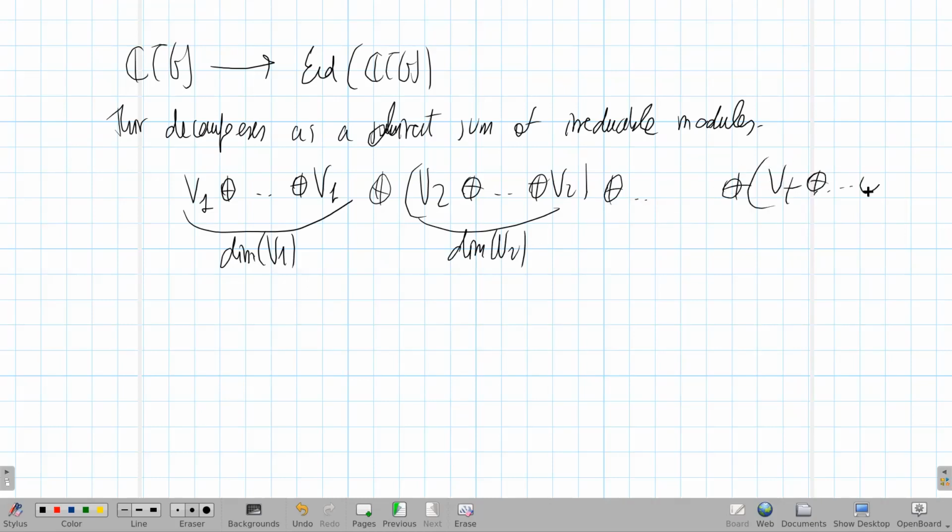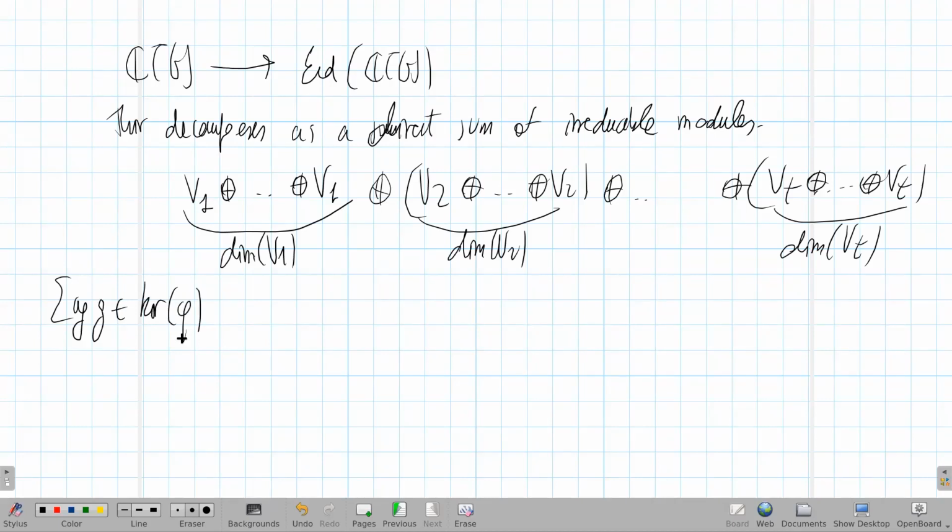These are the same modules that we had in the very first board. So the right regular representation as a representation or as a module decomposes. In this case, we are talking of modules of the group algebra, so we are talking of irreducible modules. So the module V1 appears the dimension of V1 times, the module V2 appears the dimension of V2 times, and so on. But now consider this element which was in the kernel of phi.